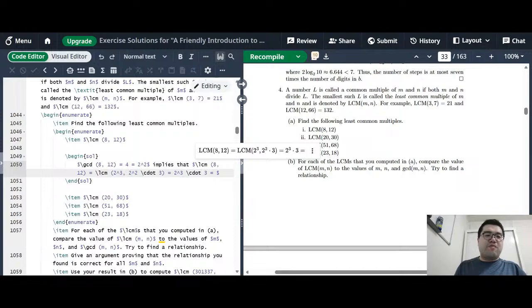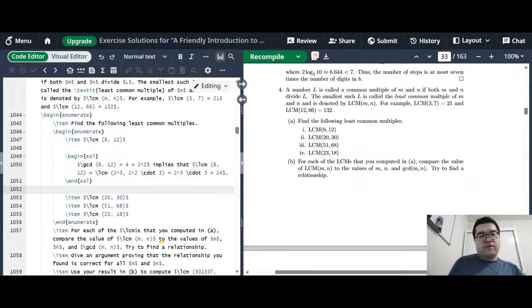We need to take the maximum copies. The first number has no copy of 3. The second number has 1 copy of 3. So we just need to take 1 copy, and it will be good enough. And therefore, we get the result 2 to the third power, which is 8, times 3 is 24, as our final answer.